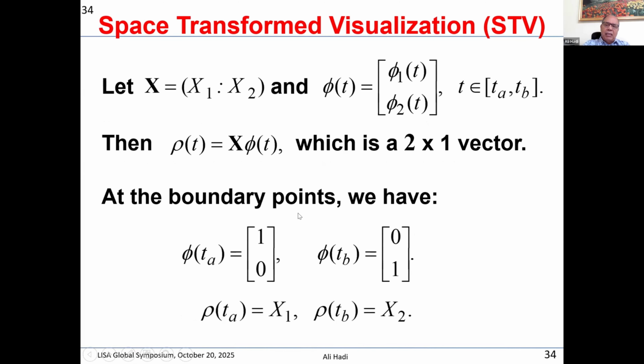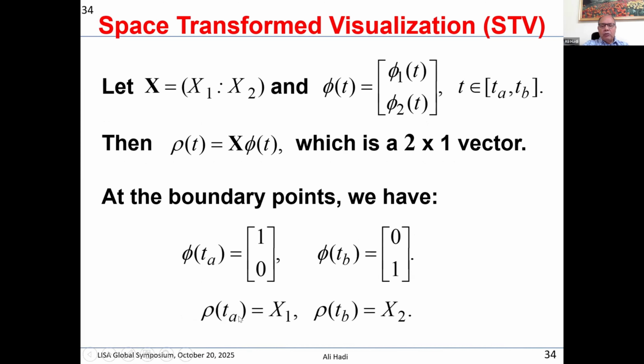We can write that in matrix notation easily and neatly by having phi of ta be 1 and 0, because a is the minimum. So it will be 1, 0 here, 1 and 0. Phi of tb will be the opposite.